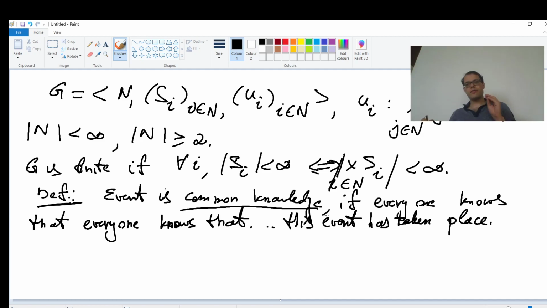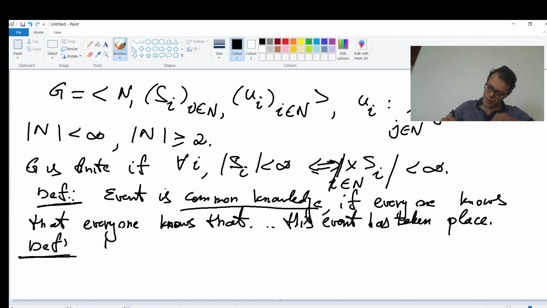So for every finite chain of those 'everyone knows', these people know that this event has taken place. In our case, we are interested in knowing the definition of a game, in the sense that people know who the players are, what their possible strategies are, and what the utilities are that each one of them derives from each constellation of strategies.